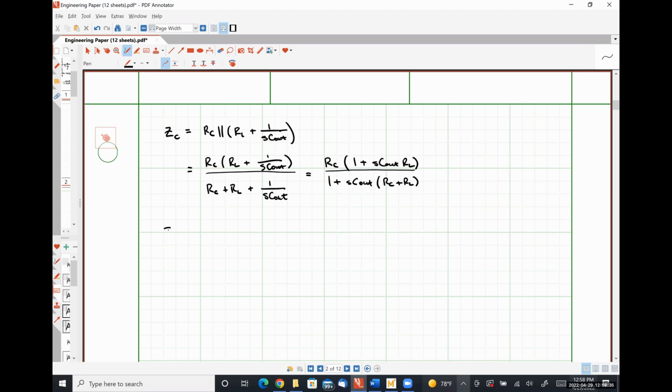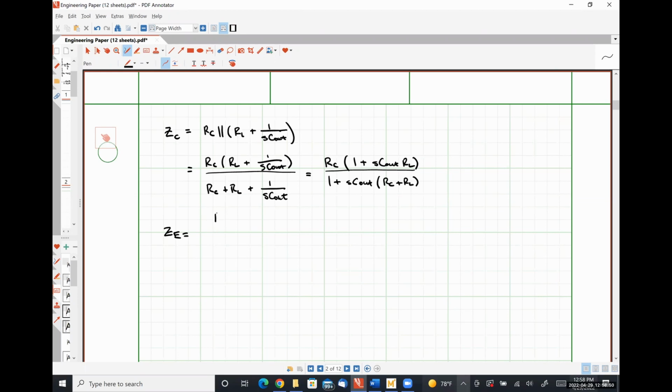ZE is just RE in parallel with 1 over SCE.